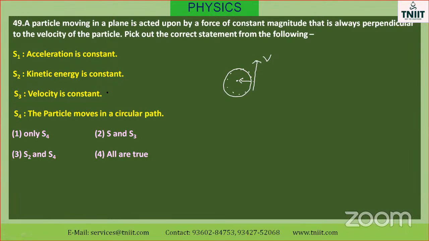So velocity can't be constant. Kinetic energy may be constant. Acceleration can't be constant because it is a vector. The particle moves in a circular path. Correct. S2 and S4 are the correct statements, because velocity is a vector and its direction keeps on changing.